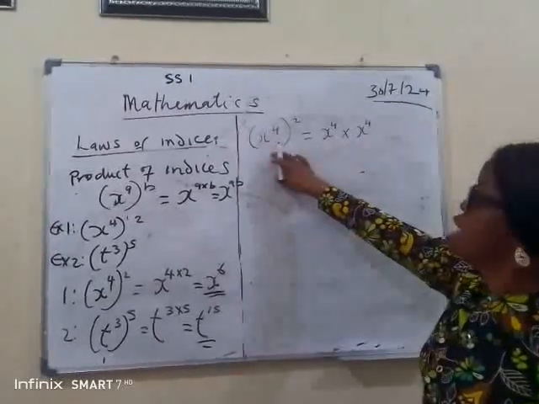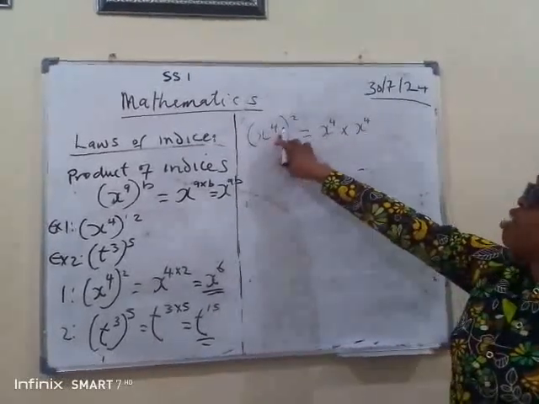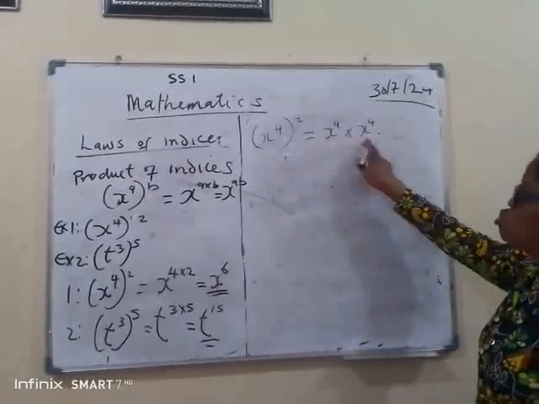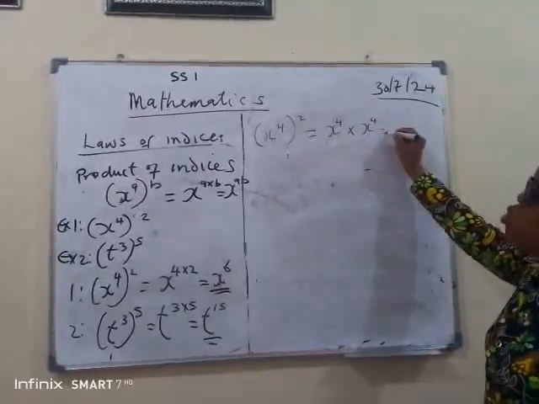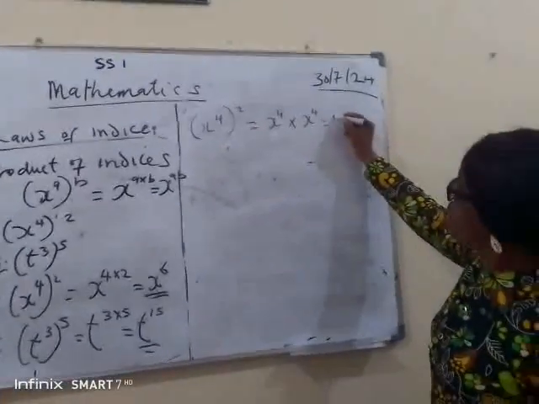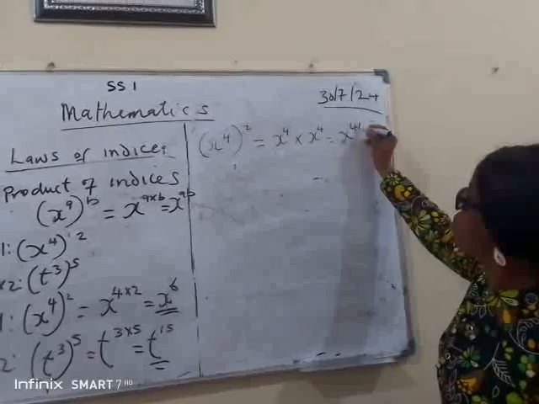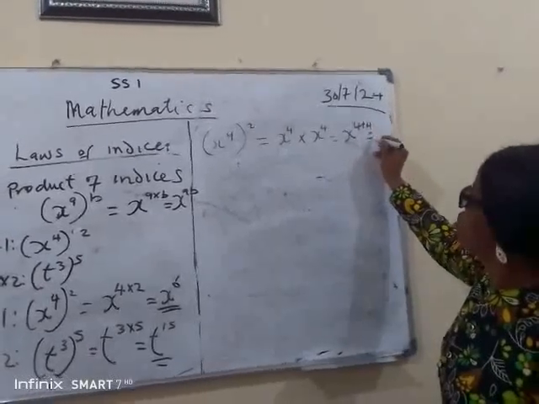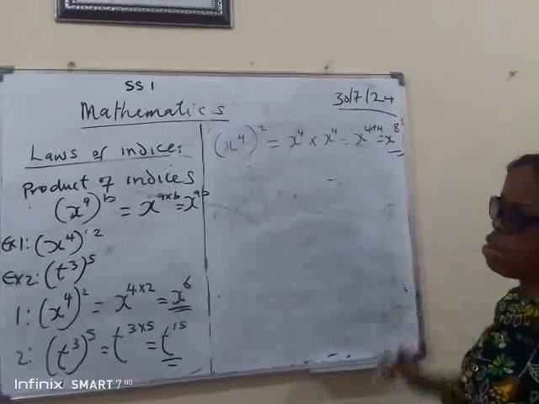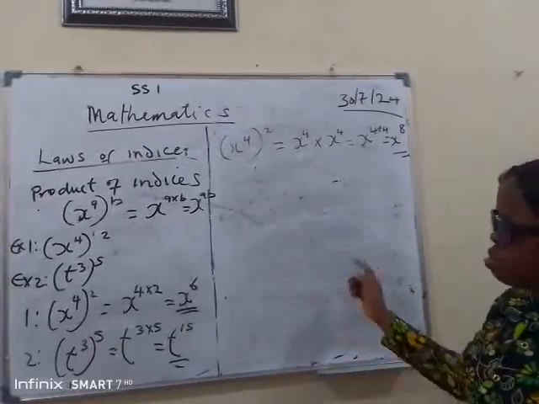X raised to power 4 is raised to power 2. So I have x raised to power 4 into 2. And when I do it, I will use the first law, the multiplication law, which is x raised to power 4 plus 4. And that is what? X raised to power 8. In that case, I've gotten what I want. So in the second law, the same.